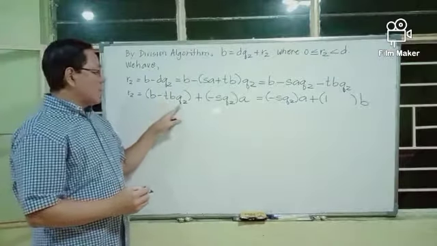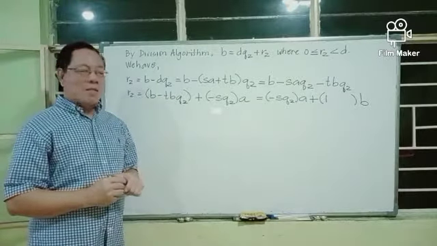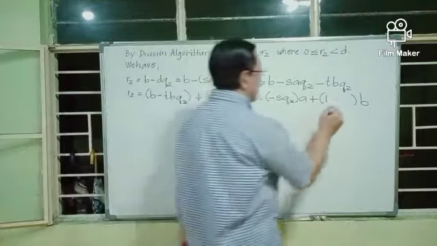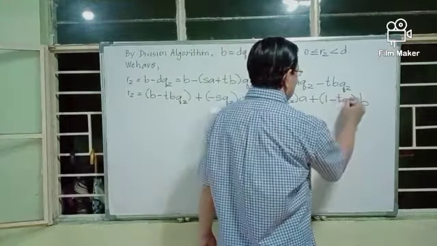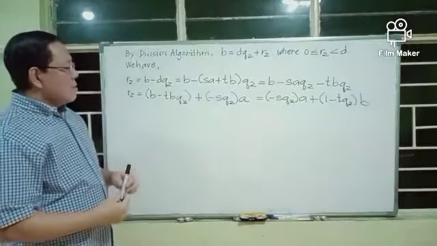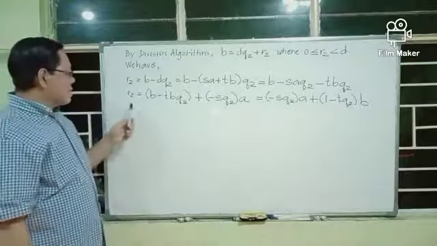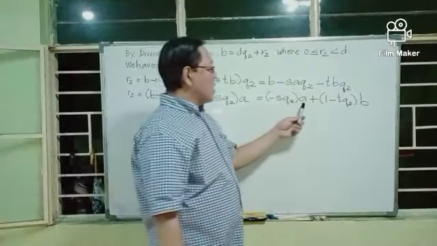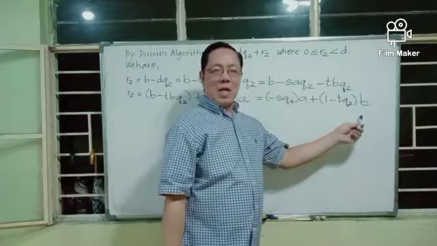Minus TBQ2 divided by B is minus TQ2. What we have shown here is that R2 is a linear combination of the integers A and B.